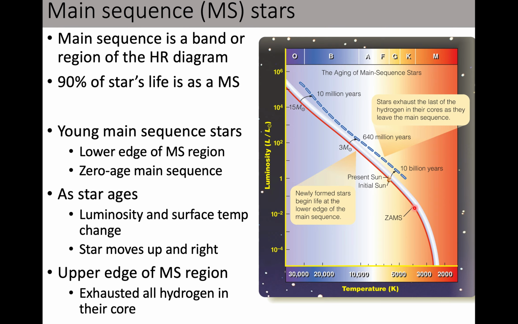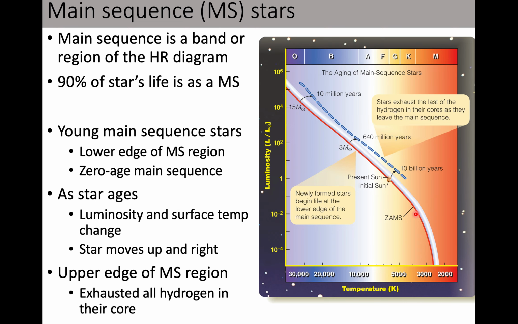And then as the star ages, the luminosity and the surface temperature are going to change, and the star will move up and to the right. So as a main sequence star ages, it's going to continue moving up and to the right along this main sequence line until it has exhausted all of the hydrogen within its core.